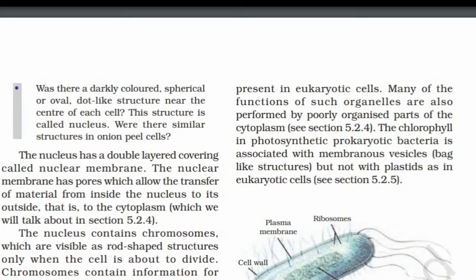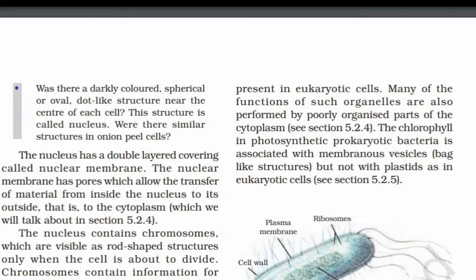Were there similar structures in onion peel cells? The nucleus has a double layered covering called nuclear membrane. Now we are going to discuss the nucleus. Nucleus has double layered covering. See, two layers, two coverings called nuclear membrane. The nuclear membrane has pores, holes which allow the transfer of material from inside the nucleus to its outside, that is to the cytoplasm.